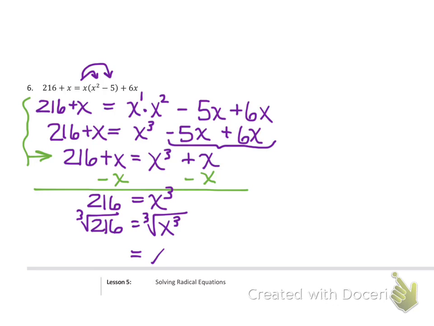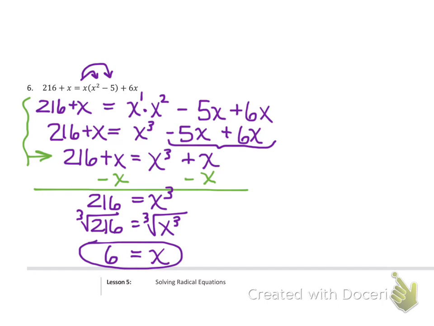Cube root of x cubed is x. The cube root of 216, I believe, is 6. 6 times 6 times 6 is 216. So we have x equals 6 here.